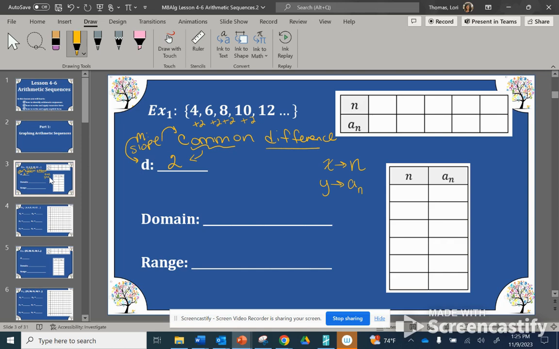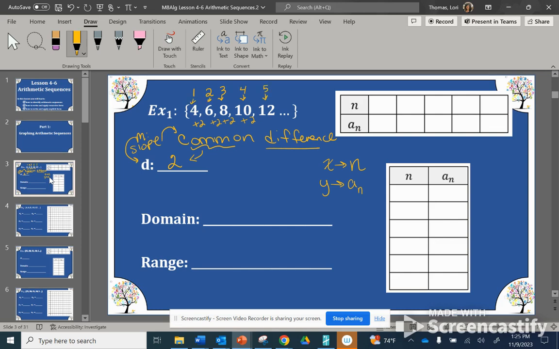Now, what position is the 4 in? Well, 4 is my first number, 6 is my second number, my third number equals 8, my fourth term equals 10, my fifth term equals 12.